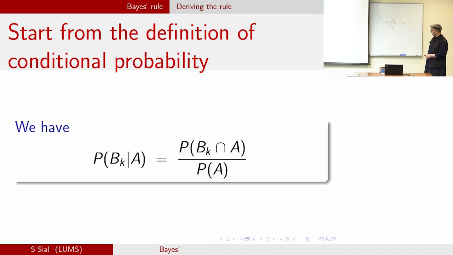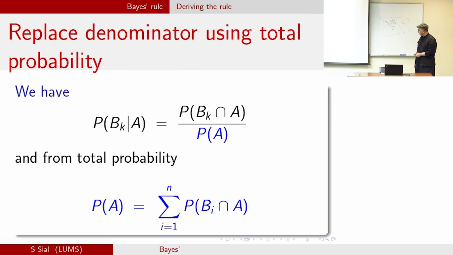All right? And so, okay, so here's probability of A on the bottom. And because the BIs were a partitioning set of events, this can be rewritten as the sum of probability of BI intersection A. Okay? And you would want to do that maybe for some reason. Writing it this way is easier than writing it that way.